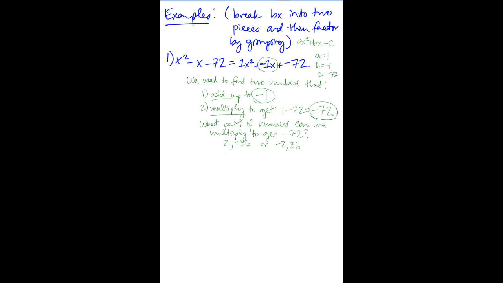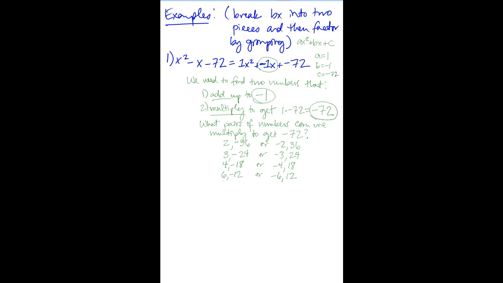In fact, 3 times 24 equals 72, so 3 times negative 24 equals negative 72, or negative 3 times 24 will give us negative 72. Looks like 4 also goes in. In fact, 4 times 18 is 72. You can check that. So 4 times negative 18 will be negative 72, or negative 4 times positive 18 is negative 72. Then it looks like 6 goes in as well. So 6 times 12 is 72. So 6 times negative 12 is negative 72, or negative 6 times 12 is negative 72.